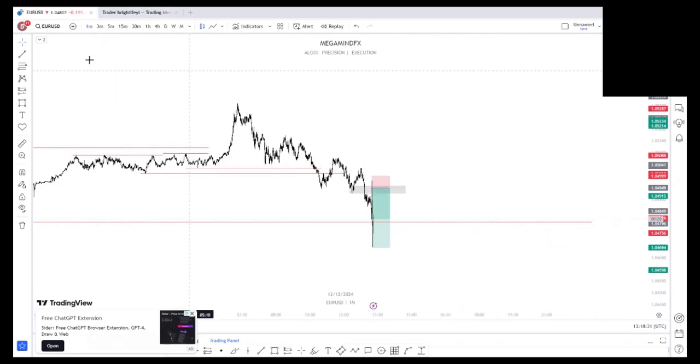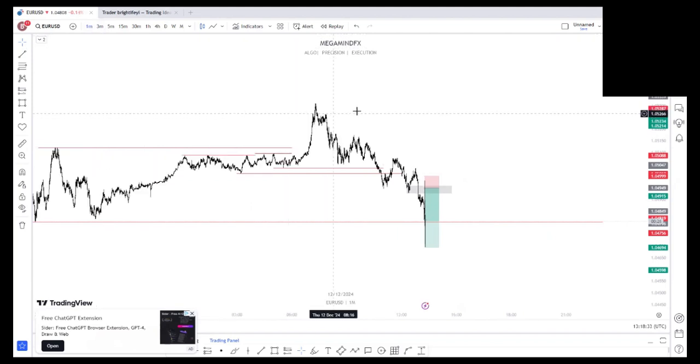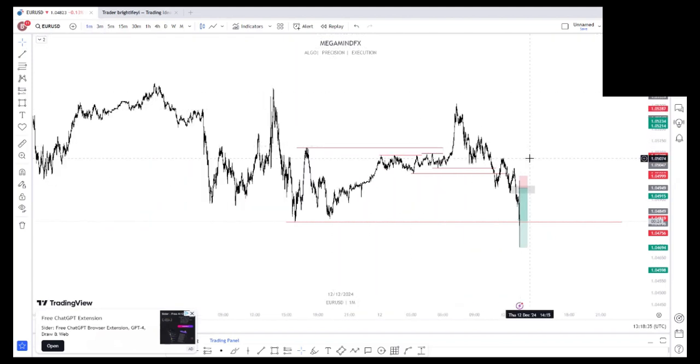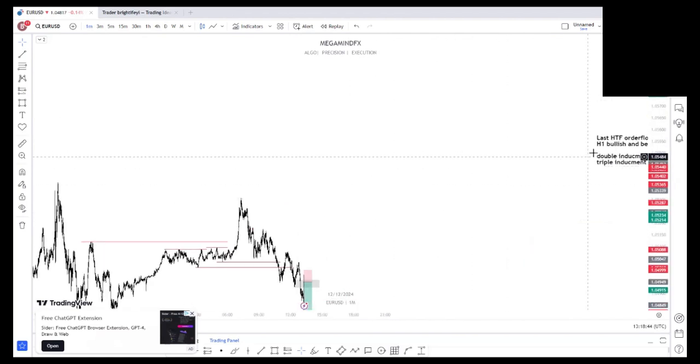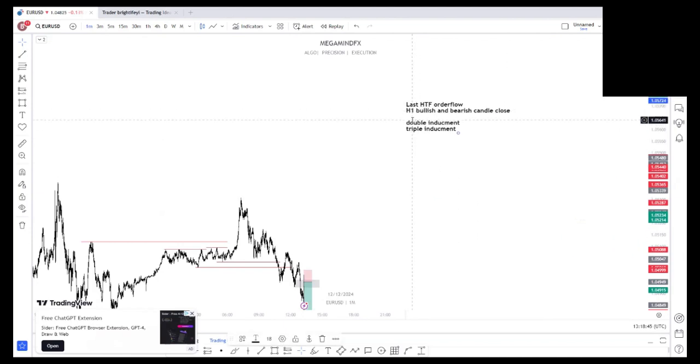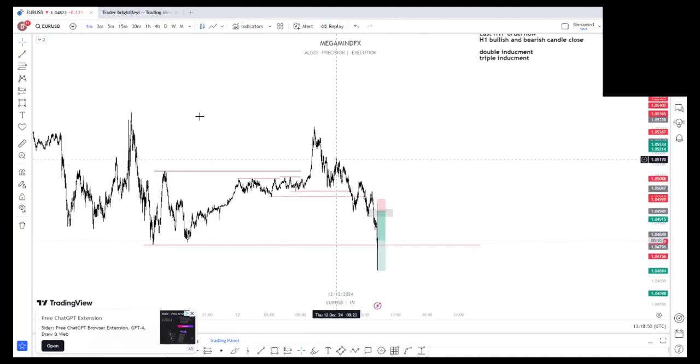Let's also talk about how I get in on trades now. So I think you've been able to understand what I mean by last higher time frame order flow, and you also understand what I mean by bullish and bearish candle close, H1 especially.